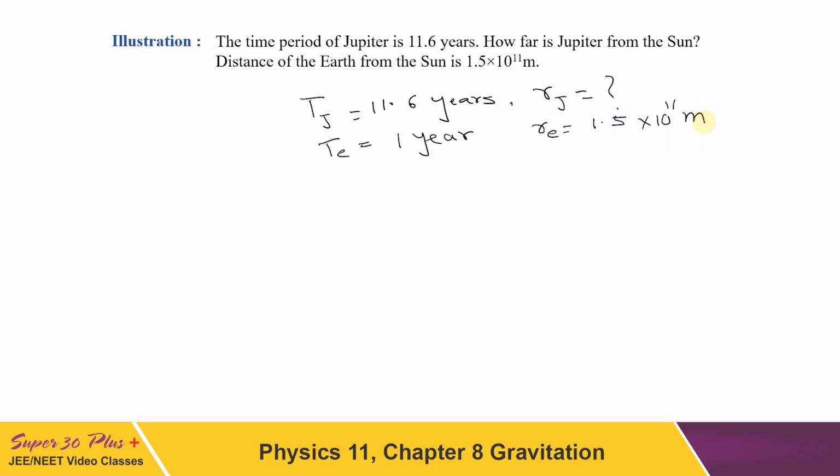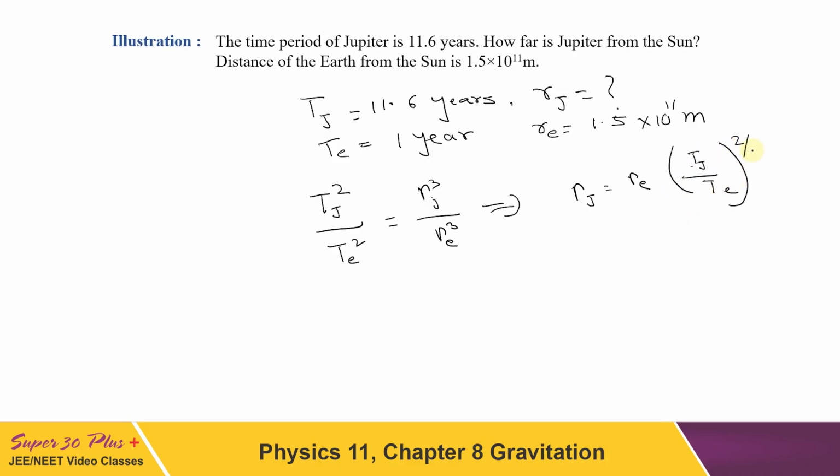Now we can make use of Kepler's third law, which states that the square of the time period is proportional to the cube of the radius. So we can write Tj square upon Te square to be equal to Rj cube upon Re cube, which on solving gives Rj to be equal to Re into (Tj upon Te) whole to the power 2 by 3.